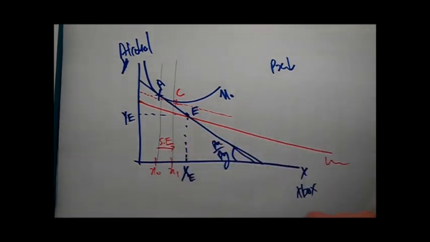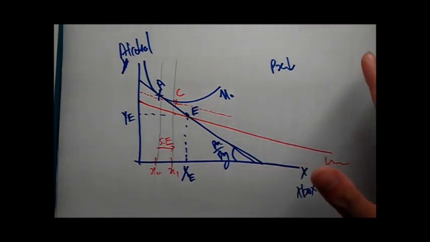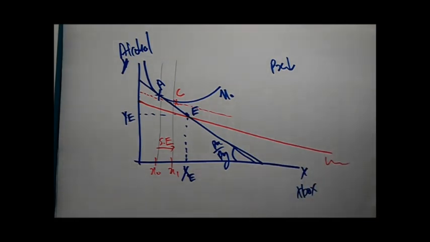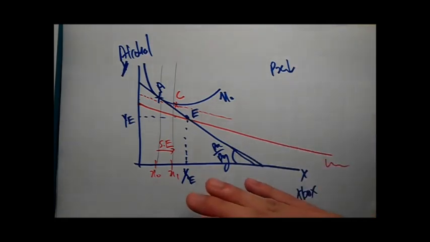Now, what does the substitution effect tell us? Just a quick refresher: it tells us the reaction of the consumer to a given change in price. We don't care how much money this fella has. Just imagine he has unlimited money, the price of X goes down, obviously I want to buy more. This is the normal human reaction.